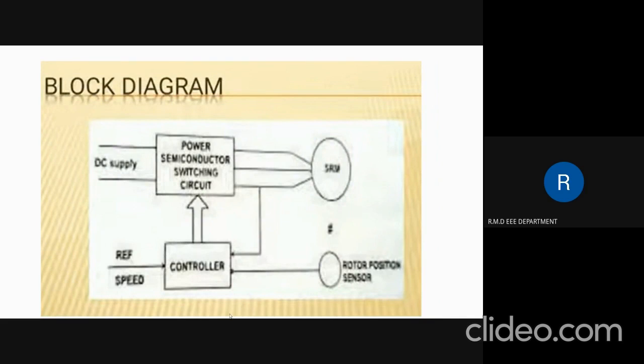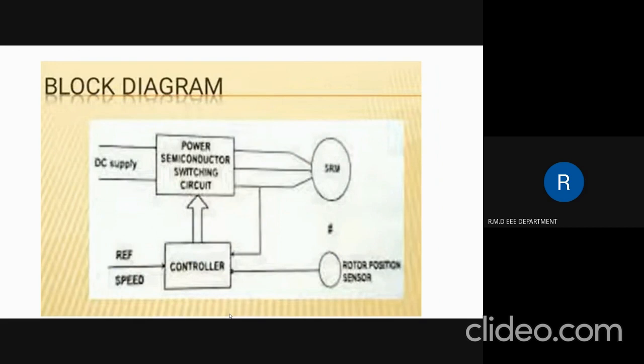Now, with respect to the block diagram of switch reluctance motor, this represents the block diagram. DC supply is given to the power semiconductor switching circuit, which is connected to the phase windings of switch reluctance motor. The rotor position sensor is mounted on the shaft of the switch reluctance motor, which provides signals to the controller about the position of the rotor with respect to the reference axis.